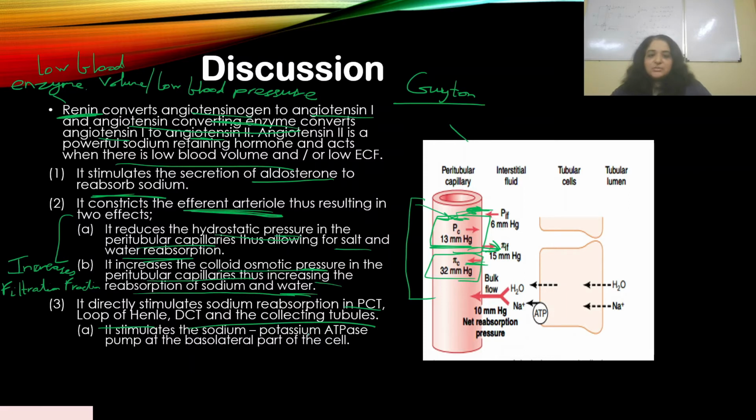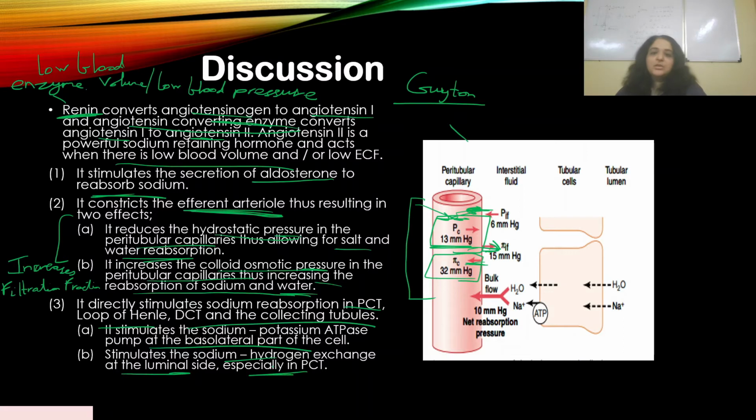It stimulates the sodium potassium ATPase pump at the basolateral part of the cell, and then stimulates the sodium hydrogen exchange at the luminal side, especially in the PCT. I'm sure you're aware of this now: the ATPase pump creates a sodium concentration gradient, right? So this is the counter transport mechanism.